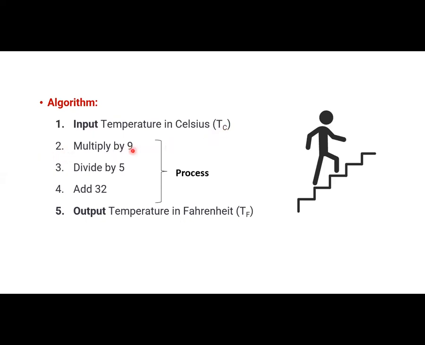Then the answer is divided by 5, and the fourth step is to add 32 to the answer. Finally, we output the temperature in Fahrenheit.